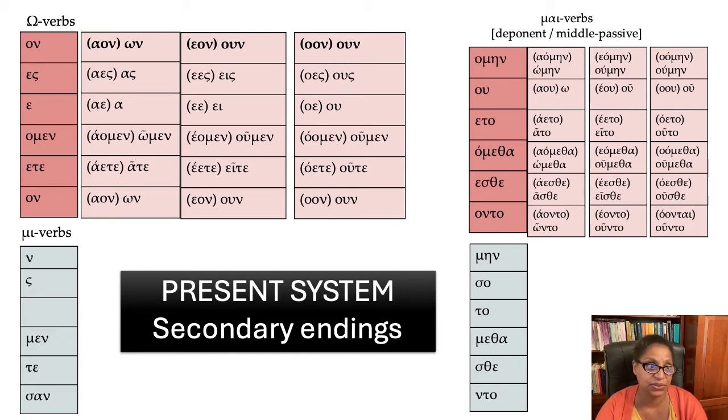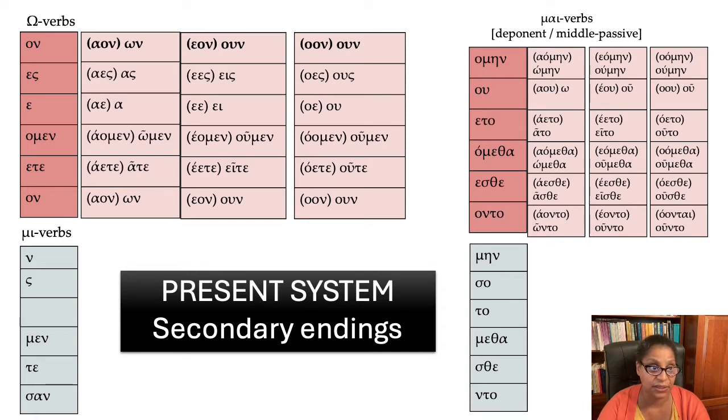Again, the issue is, of course, omega verbs and their relationship to their endings. You notice again, you see the omicron, epsilon alternation happening, right? So it's on, as, amen, et, on over here.